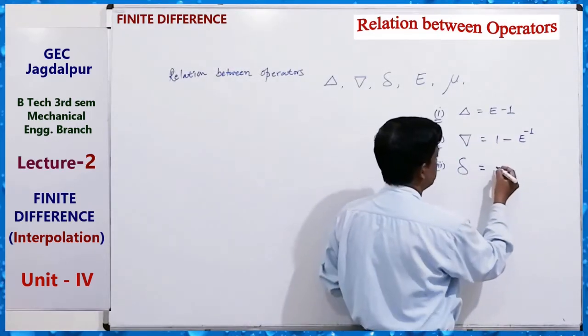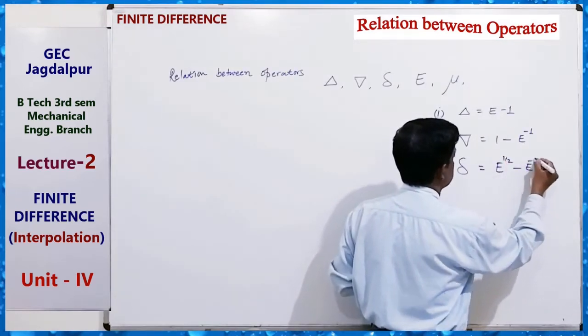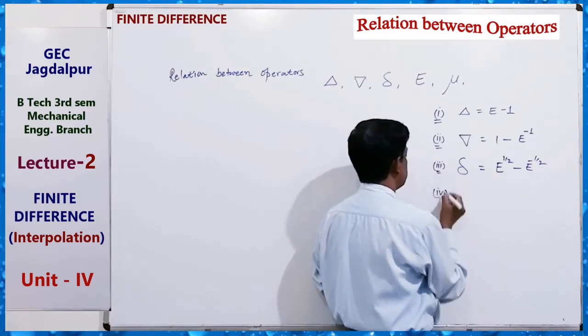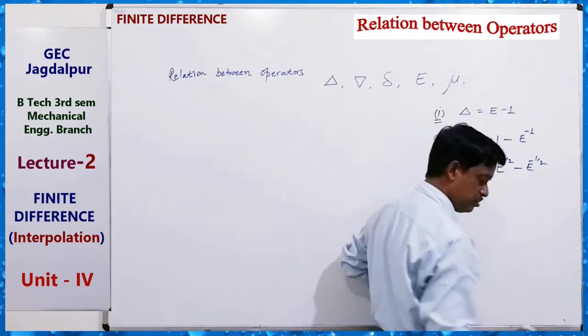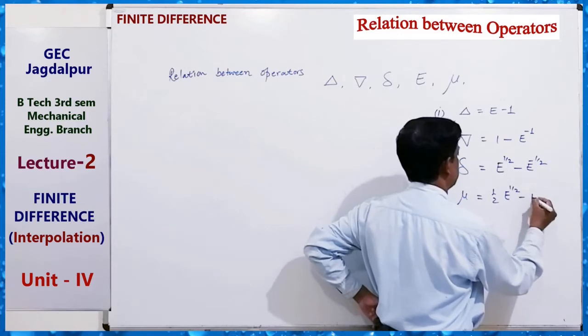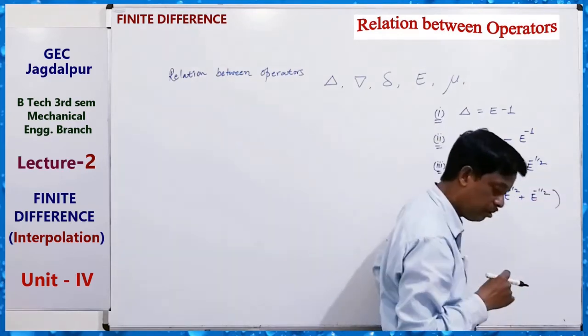Central del means E to the power half minus E to the power minus half, and fourth is mu equals to half of the simple operator.